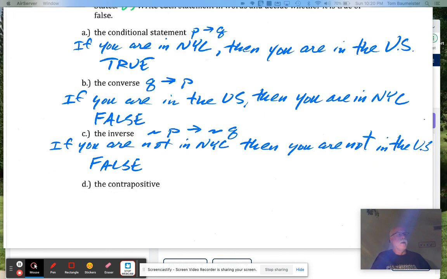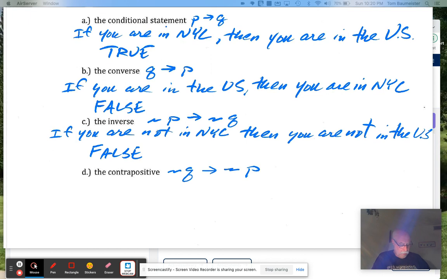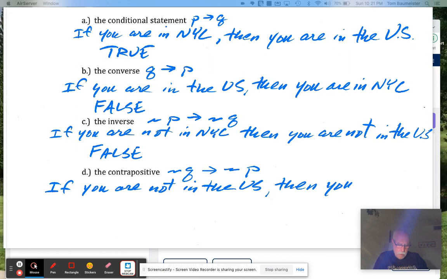So, and then finally, the contrapositive would be not Q implies not P. And again, you can think of it as taking the converse and negating it, or flipping the inverse, if you want to think of it that way, which will then state, if you are not in the US, then you are not in New York City.